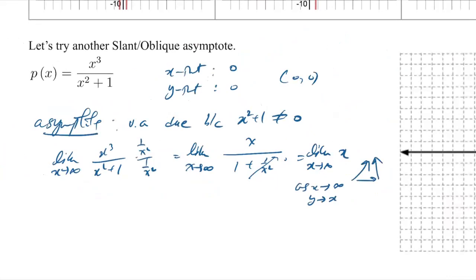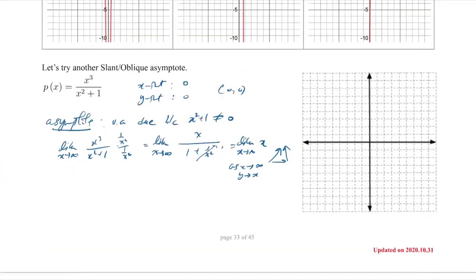Oh, it's behaving linearly. Okay. We could do a long division, right? And what we'll find as we push forward is that my graph will go through it like that, right? And what else should we do? We should also study the symmetry, right?